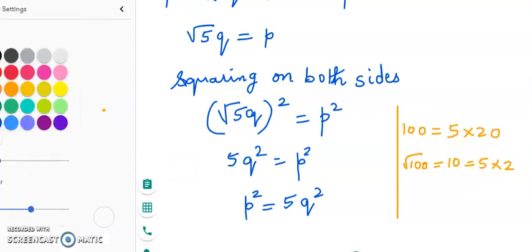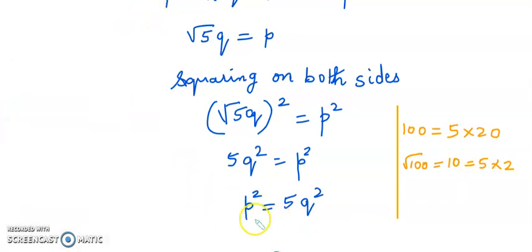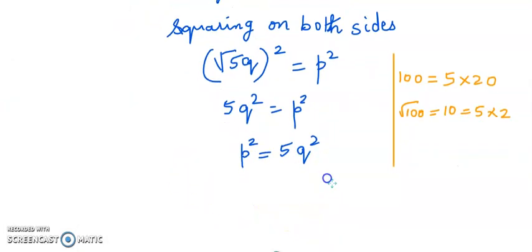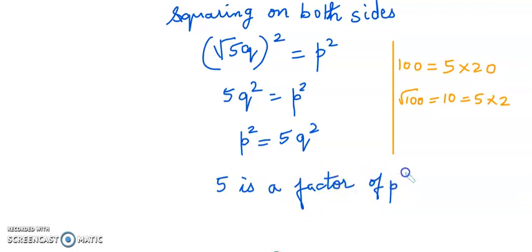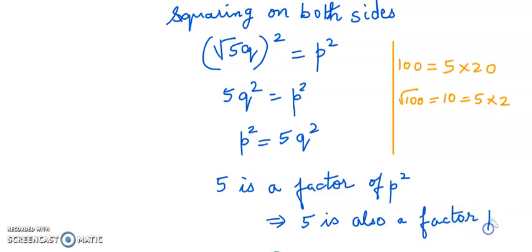So here we have p square having 5 as a factor. That means 5 will be a factor of p also. So we say 5 is a factor of p square. This implies that 5 is also a factor of p. Square root of p square is p.